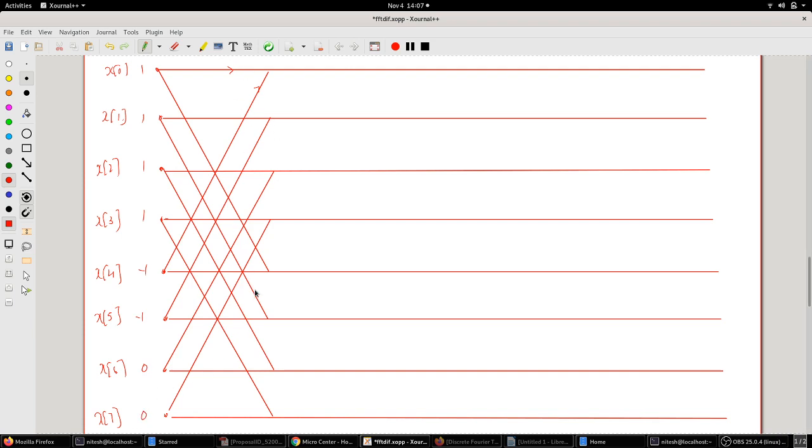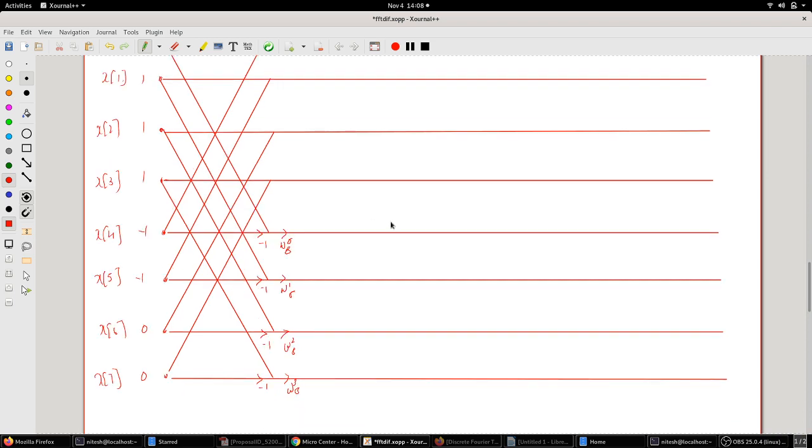Okay, and the lower branches will be minus 1, and this will be followed by W0 of 8, W1 of 8, that is your Wn of n, W2 of 8, and this is W3 of 8. Okay, so this is what you have.